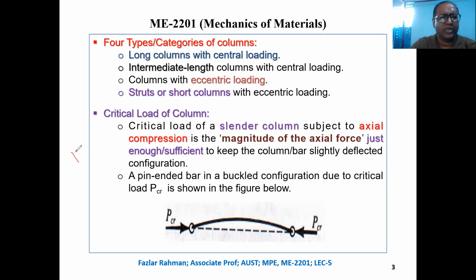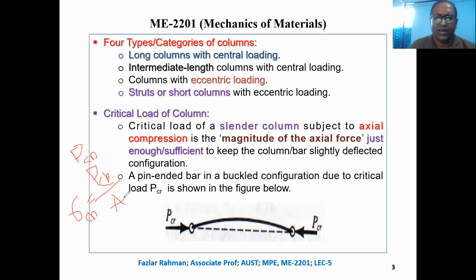If I say the load equals P_R, what will be the stress? Sigma critical will be P_R divided by area. This is the critical stress. So you need to figure out how much maximum load a column can carry, then you can figure out the stress in the column by dividing by the area.